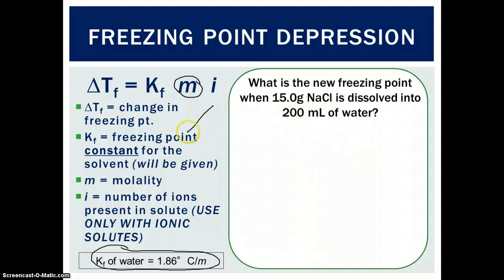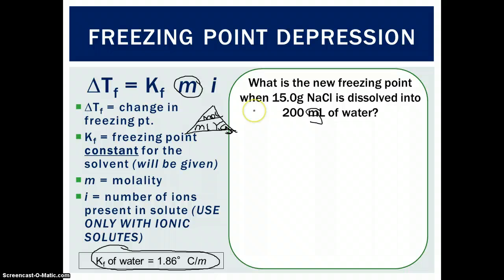I need, if we draw our triangle to find molality, I need moles of solute and kilograms of solvent. This last part is relatively easy. My solvent is water. I have 200 milliliters. That's the same thing as saying 200 grams.